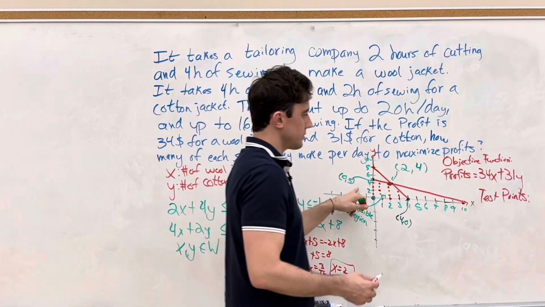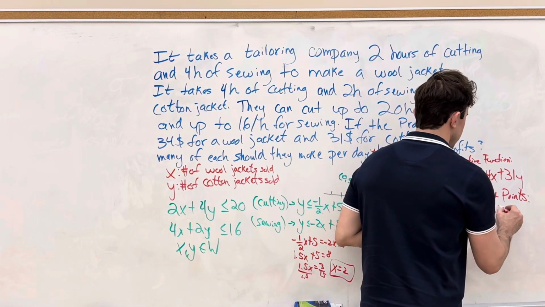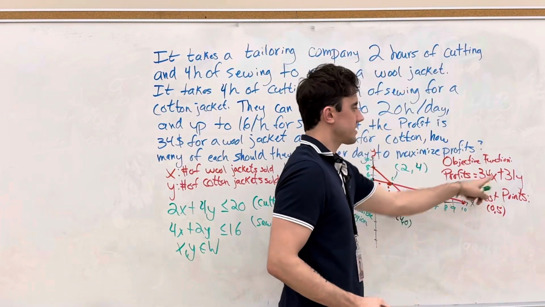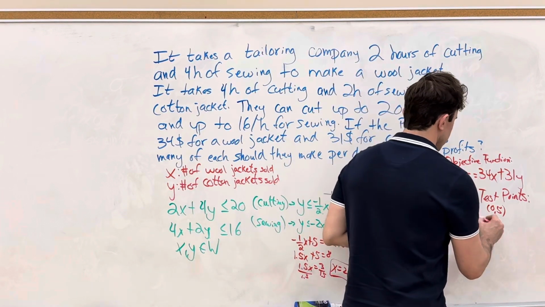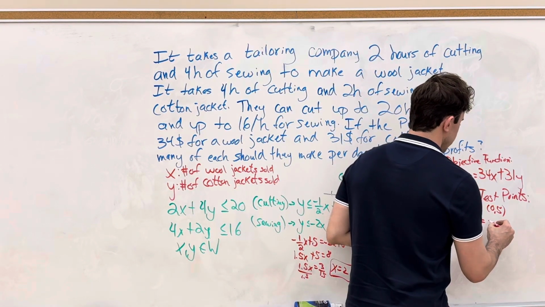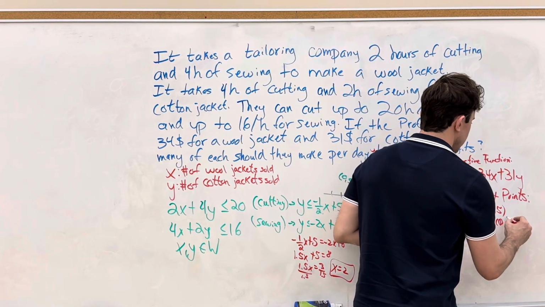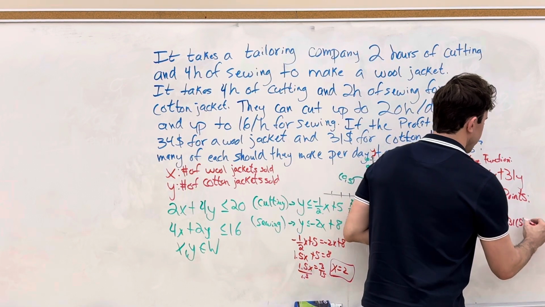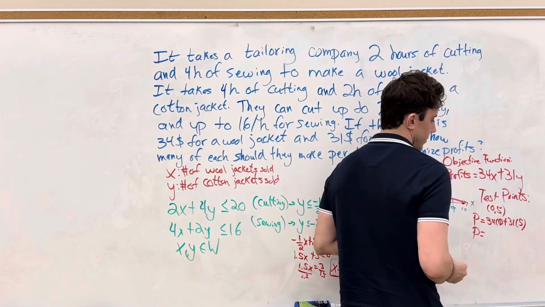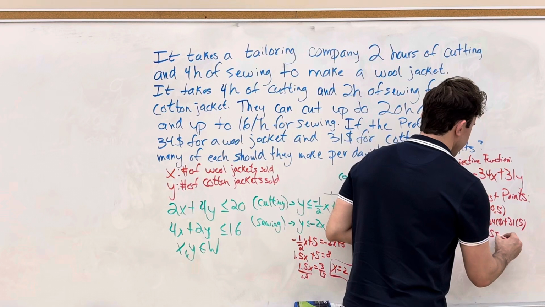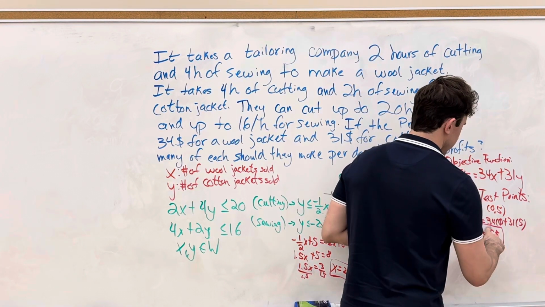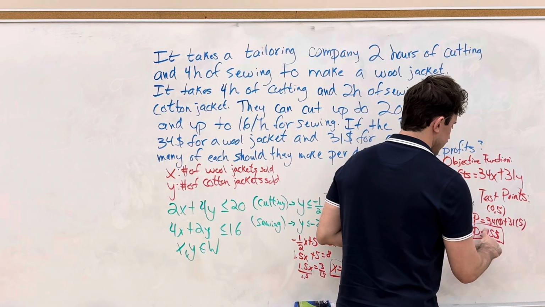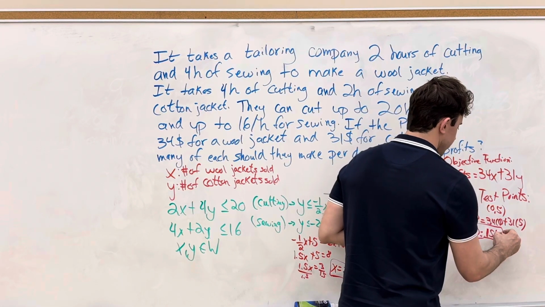You can plug in x equals 0, y is equal to 5. Throw those values in for x and y, respectively, in the objective function. So P profits would be 34 times 0 plus 31 times 5. And so that would give you profits of $155.